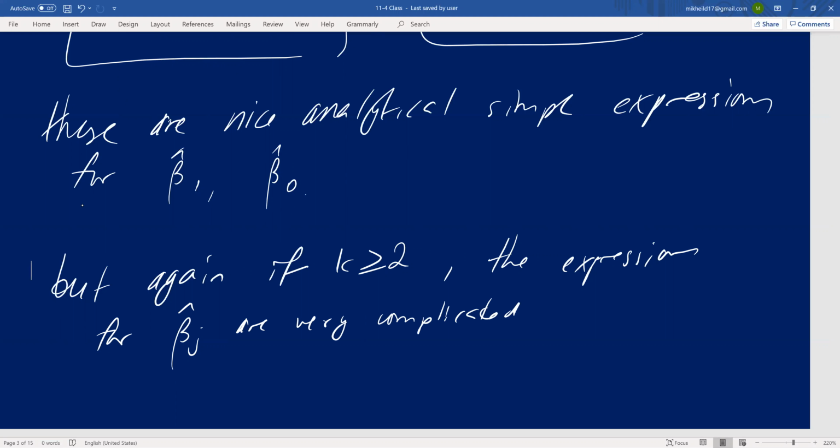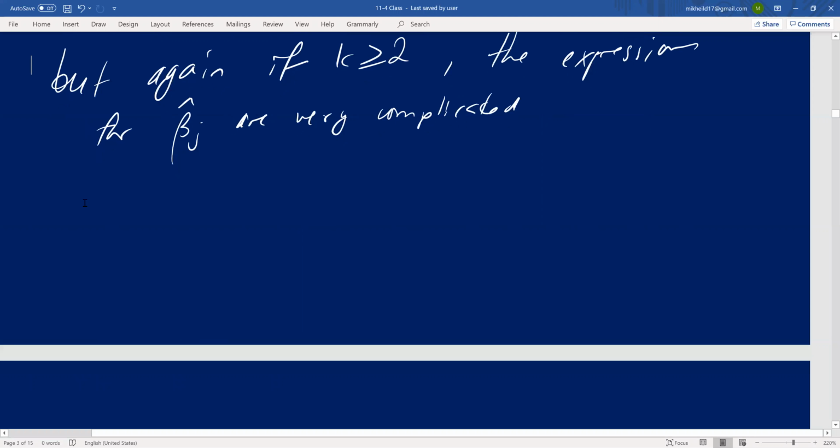Of course, we still run multivariate models. So the topic of this chapter is multivariate models, and those are done using matrix algebra, using matrix notation.